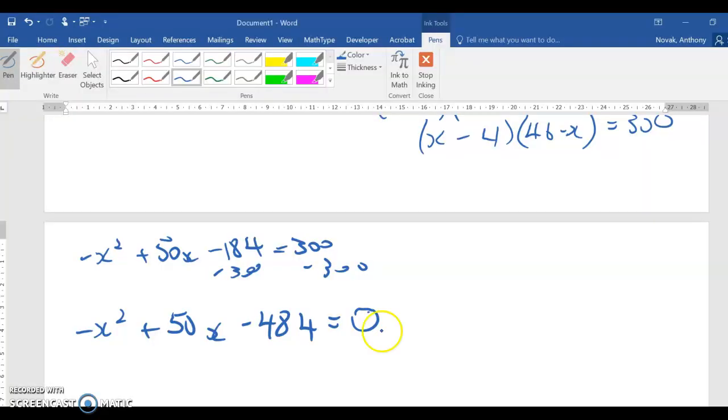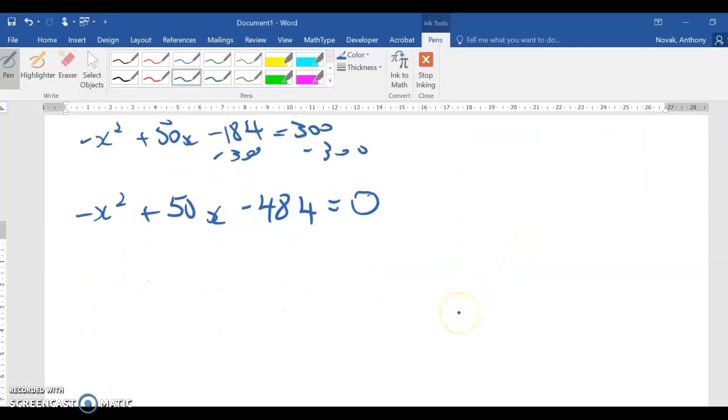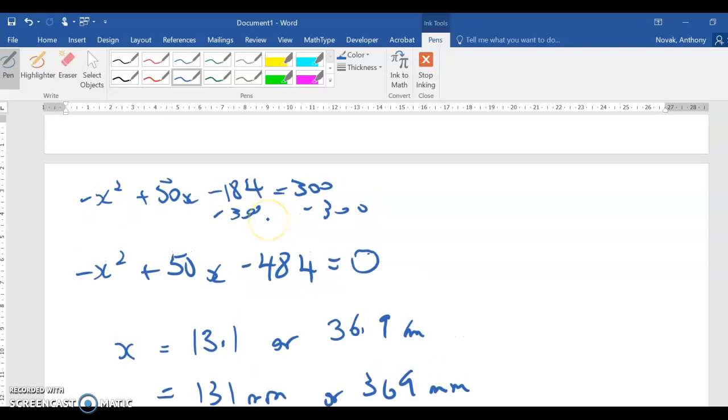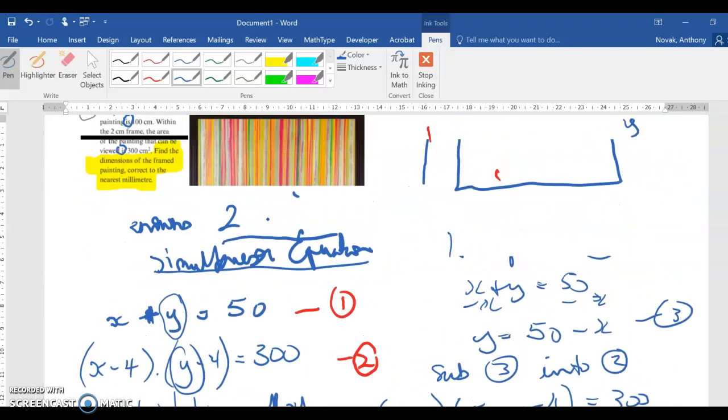Going back to our working, we have x equals either 13.1 or 36.9 centimeters. And don't forget they want it in millimeters. And so that's the dimension of our painting.